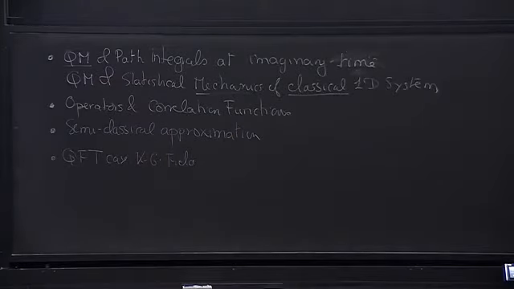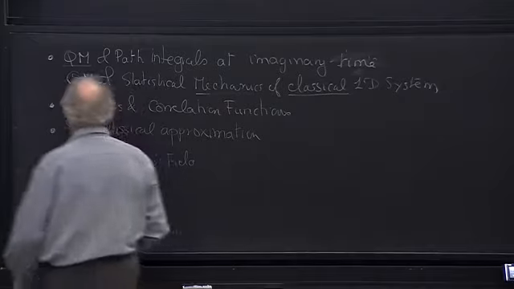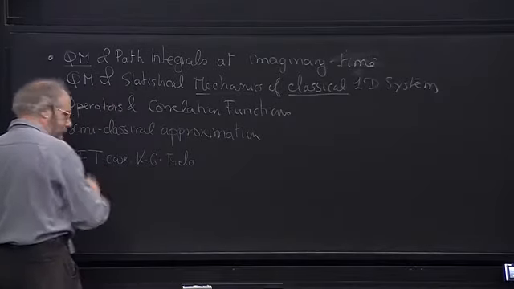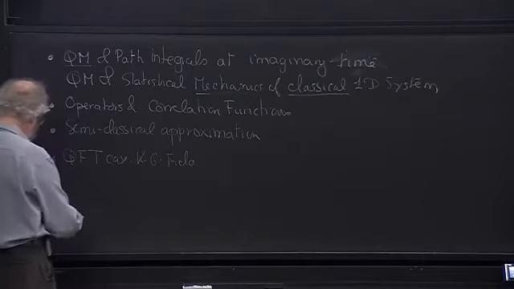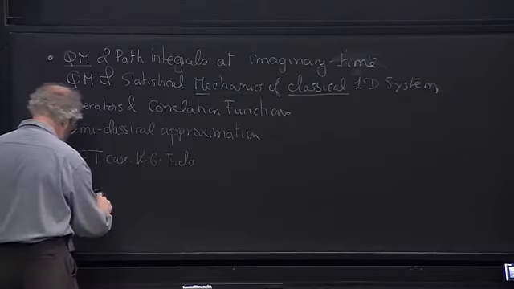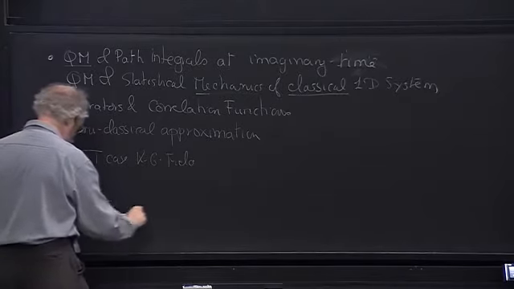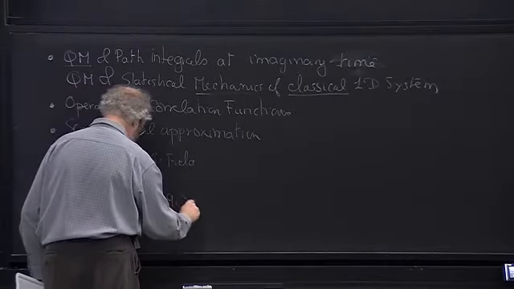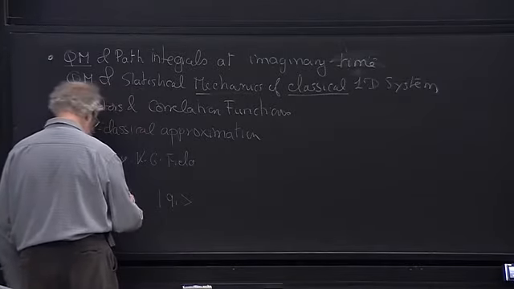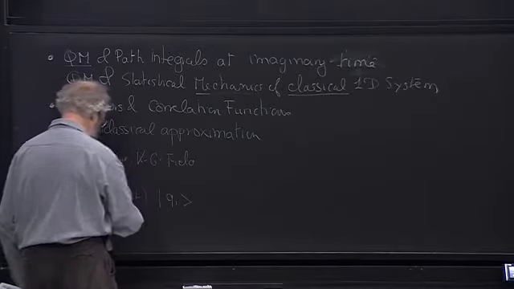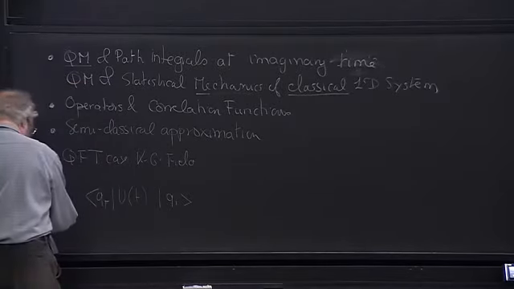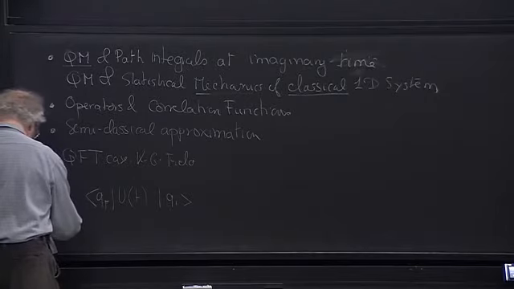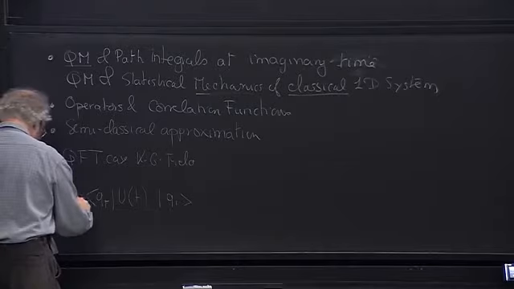Okay, so remember what we did last time. I showed that if you consider the matrix element of a quantum mechanical system, it's often called the propagator. I'm going to call this (qi, qf, t).